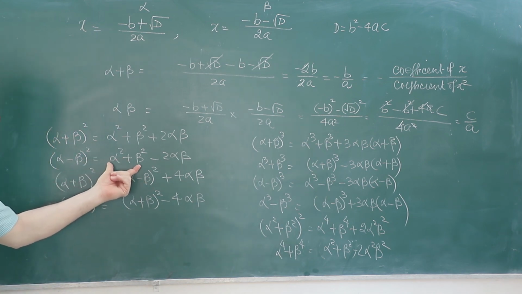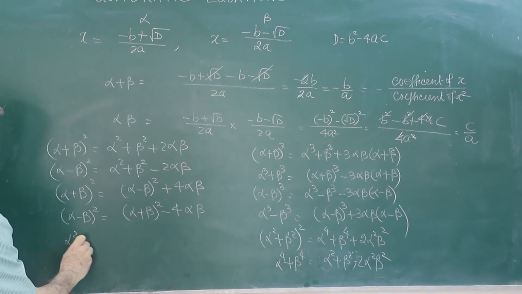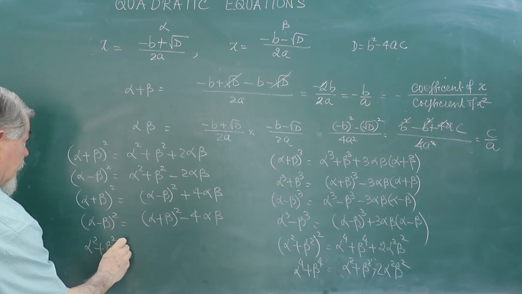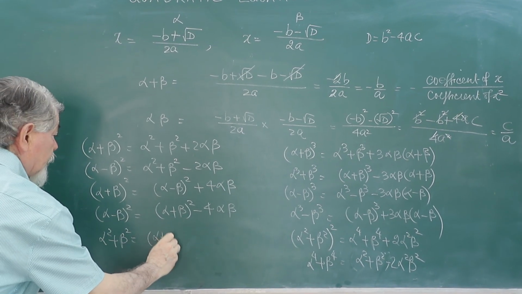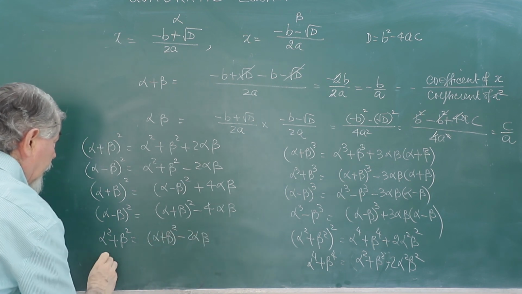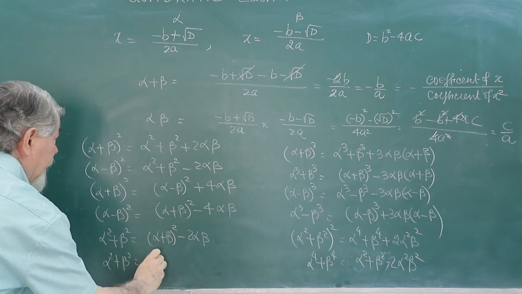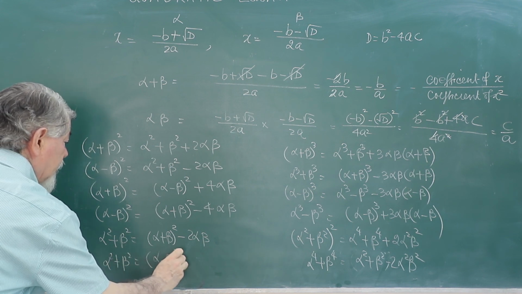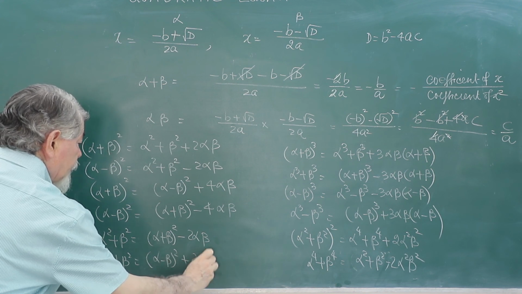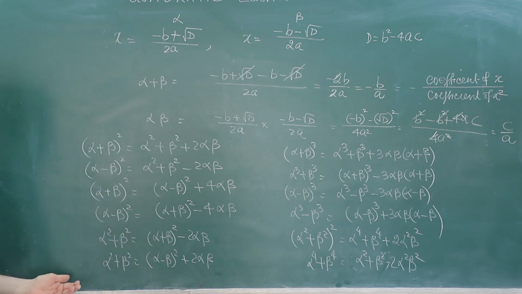Because sometimes you might have to calculate alpha square plus beta square, so we may change to that also, like I can get alpha square plus beta square equal to alpha plus beta whole square minus 2 alpha beta, or I can also get alpha square plus beta square as alpha minus beta whole square plus 2 alpha beta. So all these formulas can be interchanged from left hand side to right hand side and right to left.